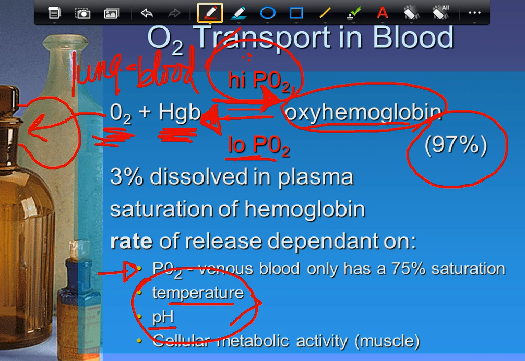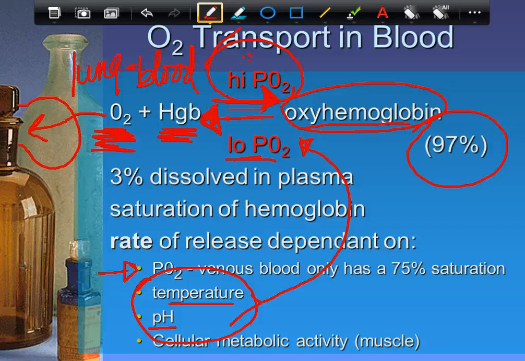In other words, they act along with low PO2 in getting oxyhemoglobin to split back to oxygen. So when you're using weights with a bicep curl, your muscle is metabolizing a lot, and you need more free oxygen for that muscle to work, and the oxyhemoglobin splits.